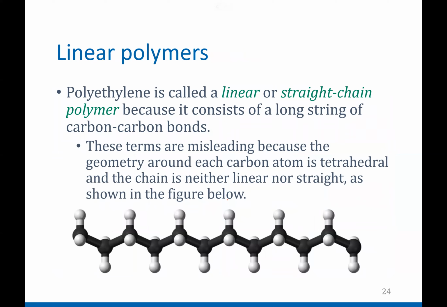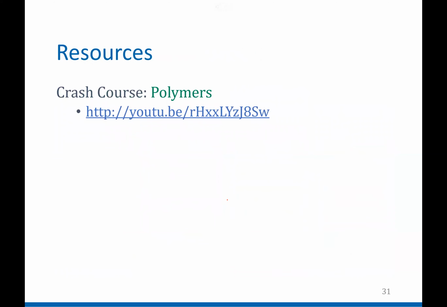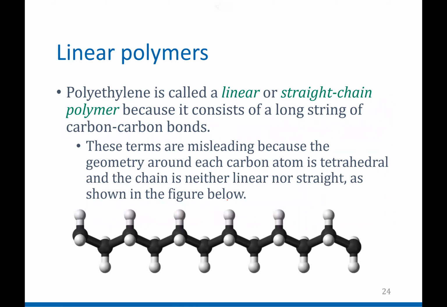So linear polymers. Now, I'm going to throw some terms at you very quickly because this is pretty straightforward. We're going to look at linear, branched, cross-linked, and network. And it's way, way, way easier than it sounds. The way it sounds is exactly what it is.